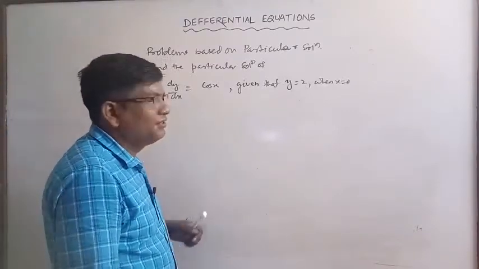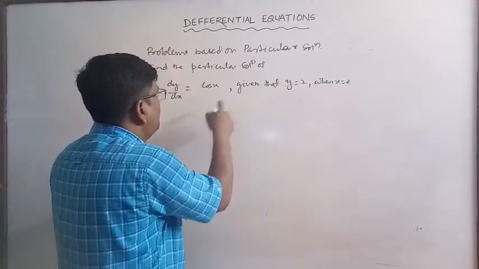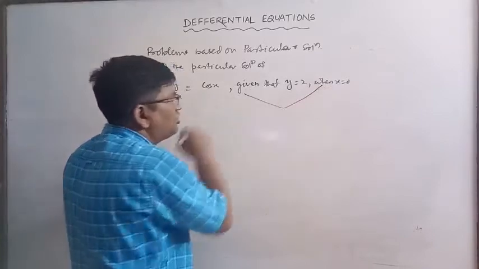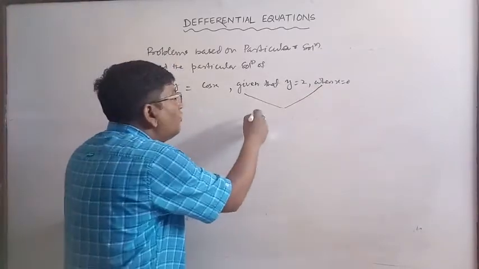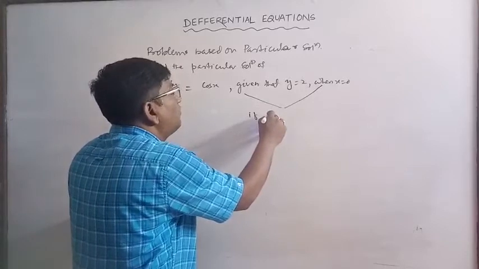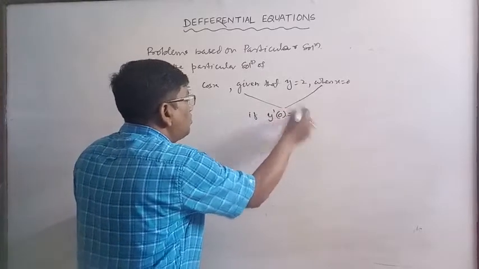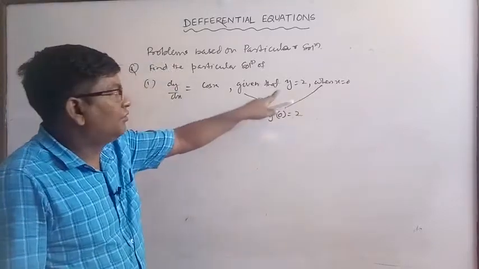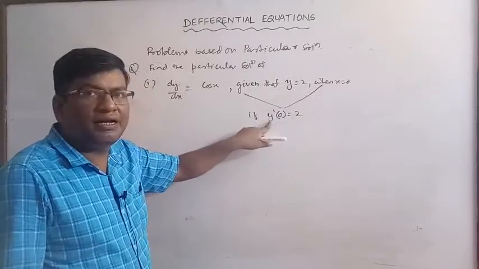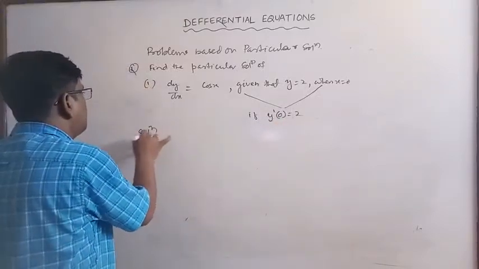This question can be modified as: given y of 0 is equal to 2. Same thing, y equal to 2 when x is equal to 0. Same question.